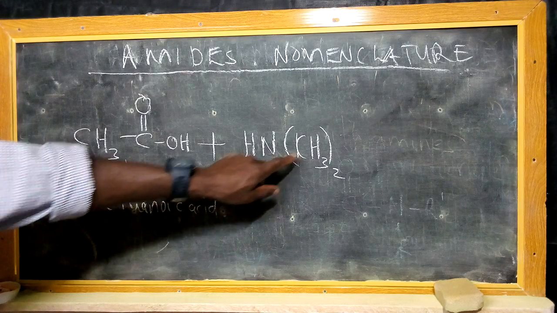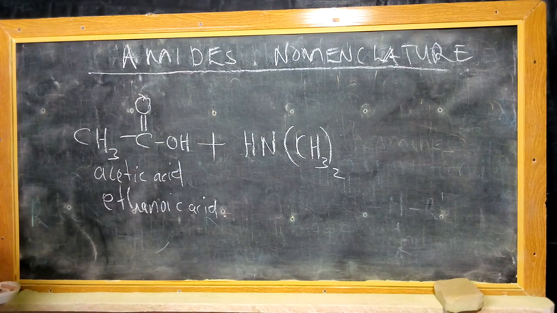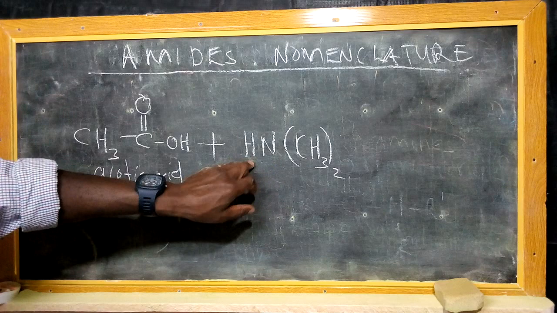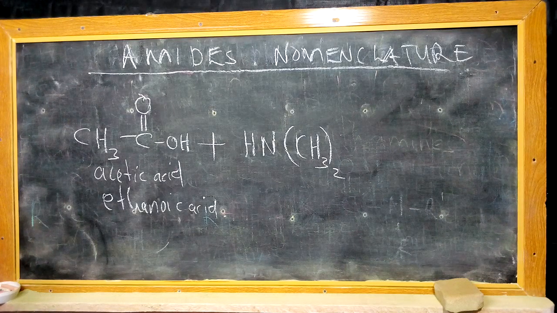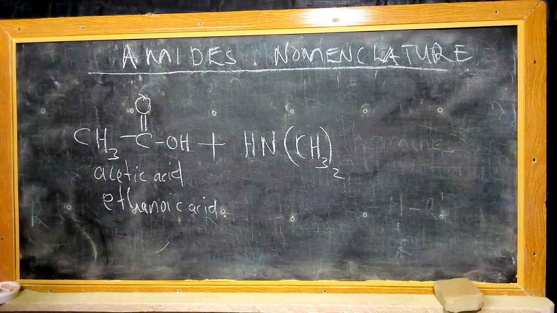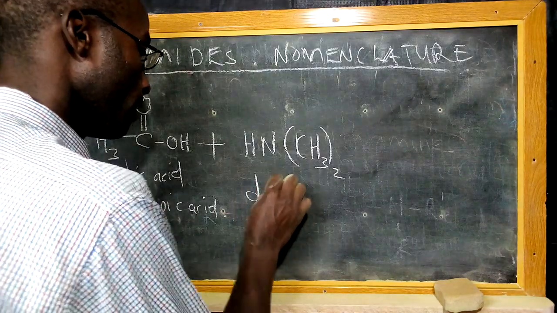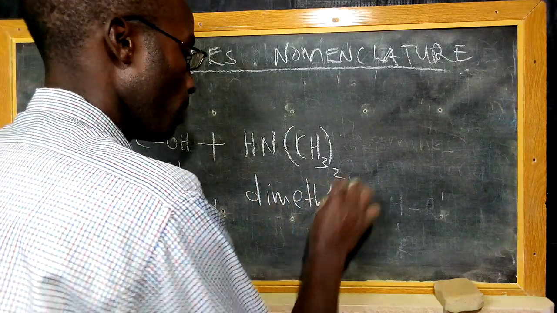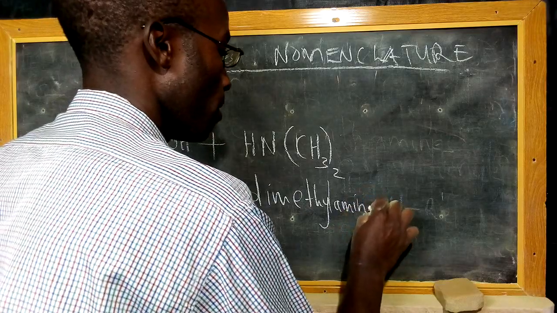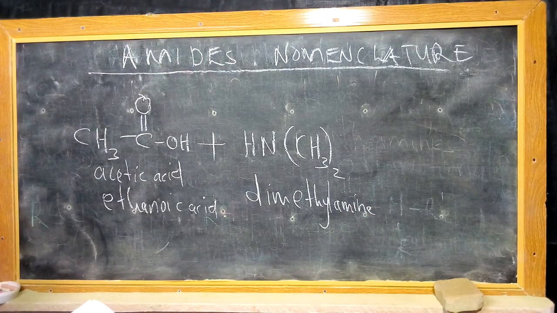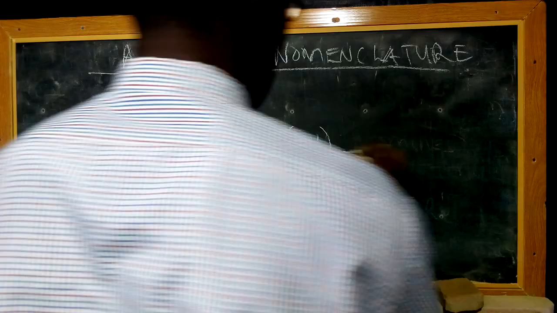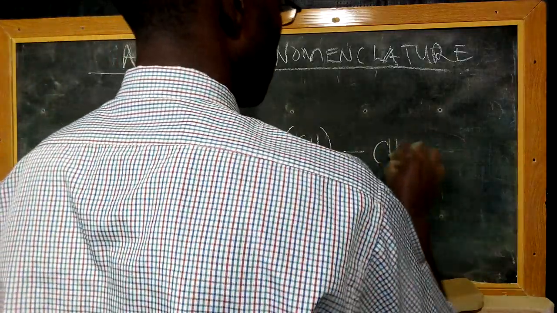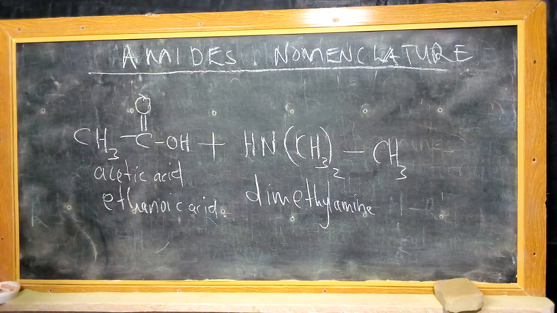We say that this will be a second degree, or just a secondary amine, because the nitrogen contains a single hydrogen and it has substitution of those two methyl groups. So the name of that particular amine will be dimethylamine, and then they will form this particular product, which we said is an amide.